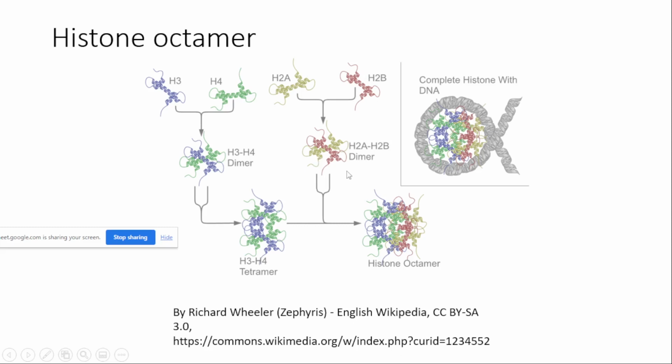Then another H2A H2B dimer will come to make an H2A H2B tetramer. When the H2A H2B tetramer and the H3H4 tetramer form, they come together and form the histone octamer. So that is the total octamer.